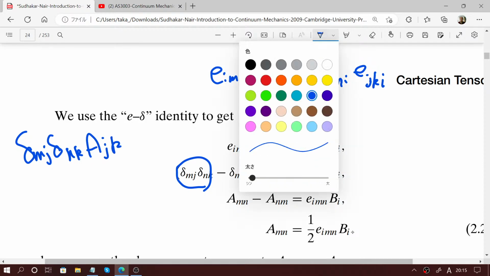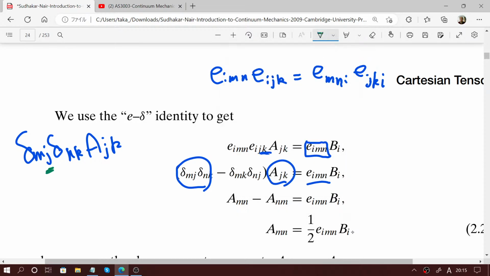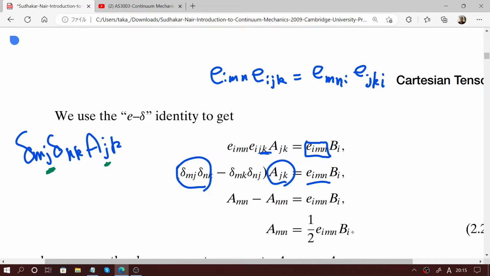Let's first repeat J. J goes from 1 to 3 and M can be 1, 2 or 3, so J will hit M at some point.